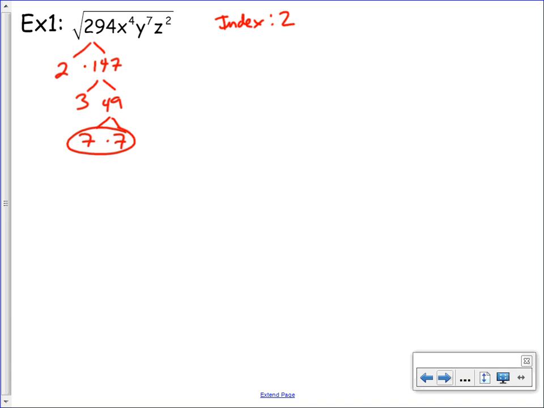We have 1, 2, 3, 4 x's, so there'll be 2 groups of 2 there. There'll be 1, 2, 3, 4, 5, 6, 7 y's.